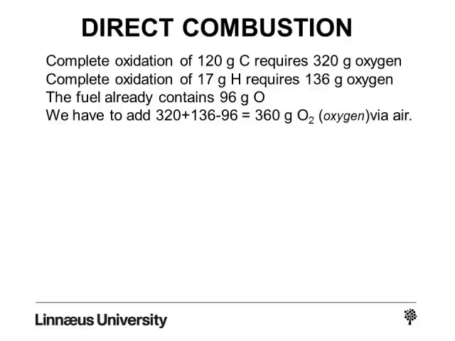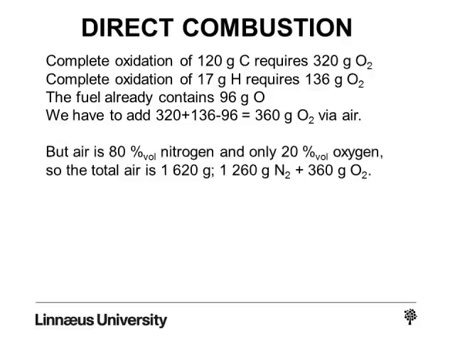And similarly, we can calculate that a complete oxidation of the 17 grams of hydrogen that we had in the model fuel will require 136 grams of oxygen. And then the fuel already contained 96 grams of oxygen. Hence, we only need to add 360 grams of oxygen via the combustion air to arrive at a complete combustion.